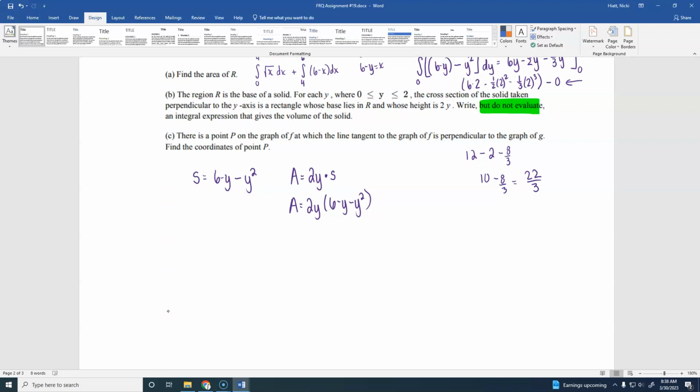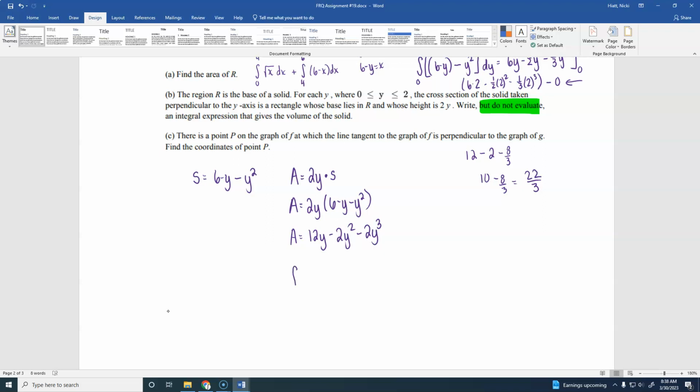So if we distribute that, you don't have to distribute, but I think I will: 12y minus 2y squared minus 2y to the third. So that is your area formula.